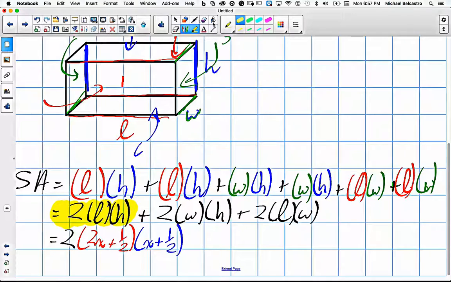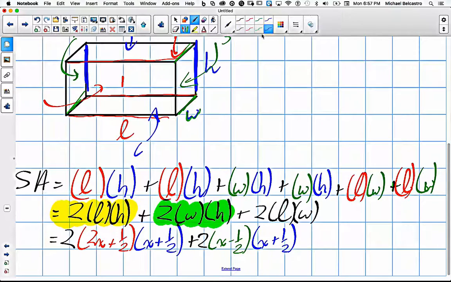Now the next part: plus 2, W was x minus a half, and our h, we already know, it's in blue, is x plus a half. And then finally, the very end is 2, and then our length is 2x plus a half, and our height was x plus a half.